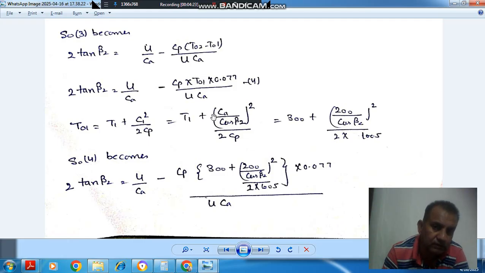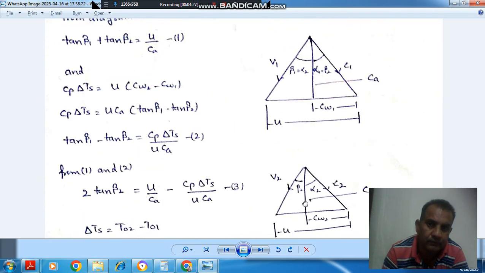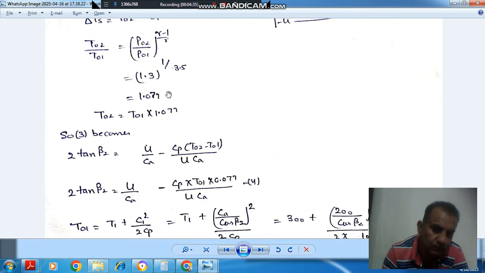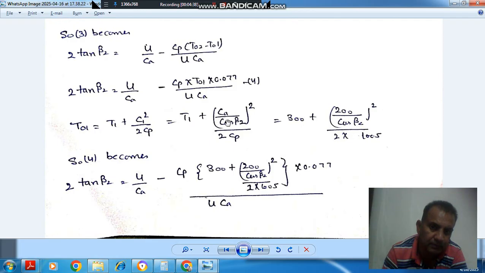Now this C1 can be written as Ca by cos beta 2. This is your Ca, and this angle is beta 2. So C1 can be written as Ca by cos beta 2. Now Ca is known, T1 is known, Cp is known.